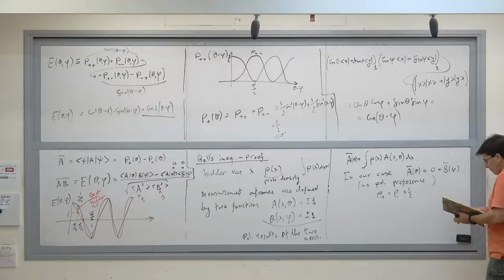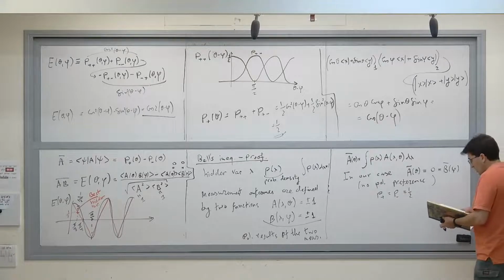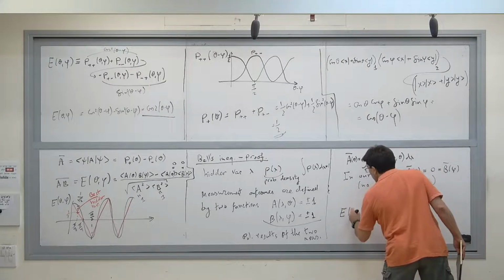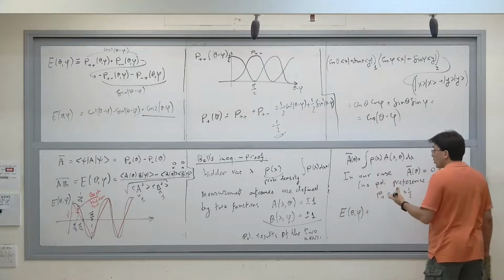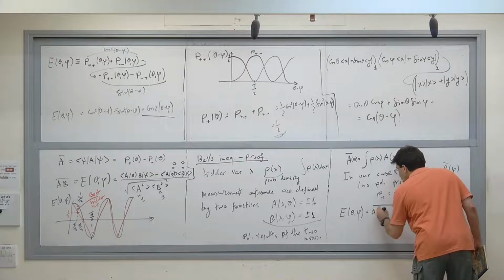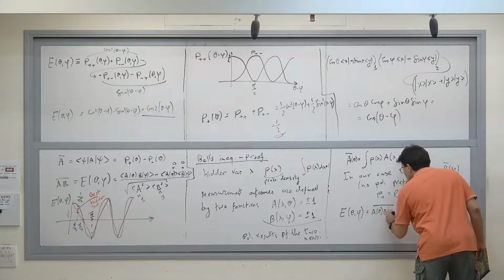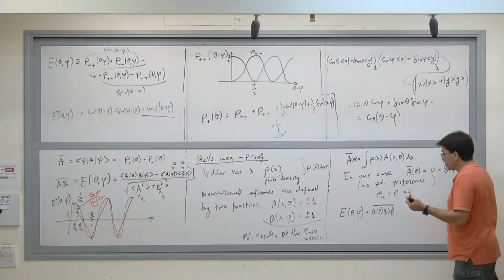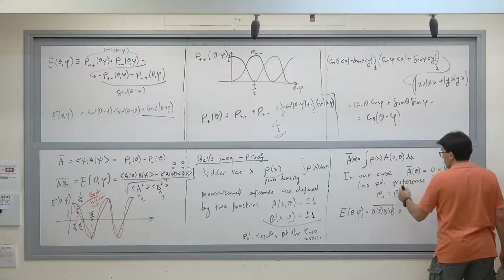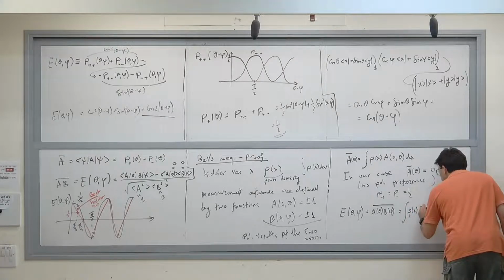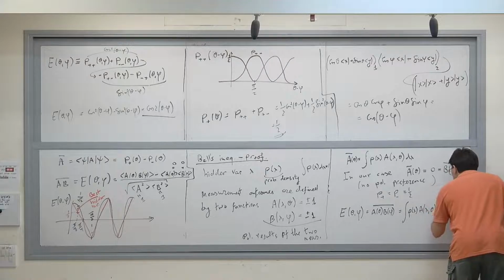Now, as we said, there was what we defined as E of theta and phi. What is this going to be? This is the average of A of theta times B of phi. This is what we measure, the average of the multiplication. This was the correlation, as we said before. And according to this definition, it is the integral of P of lambda, A of lambda theta, B of lambda phi, d lambda.